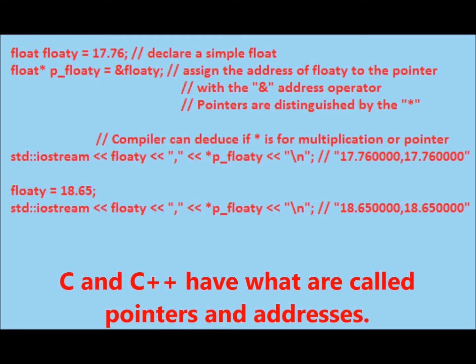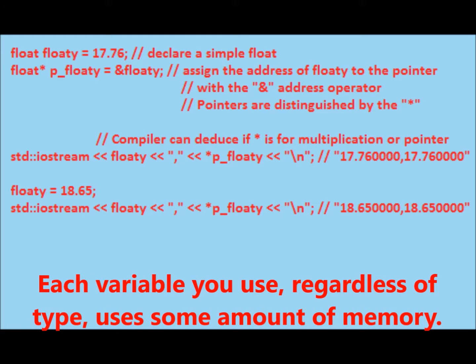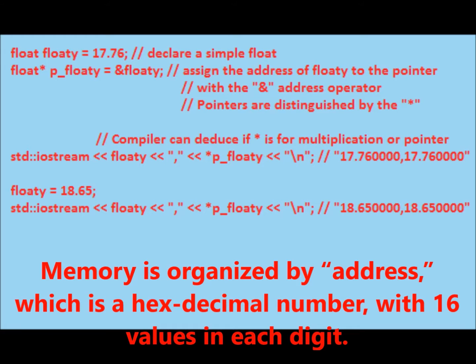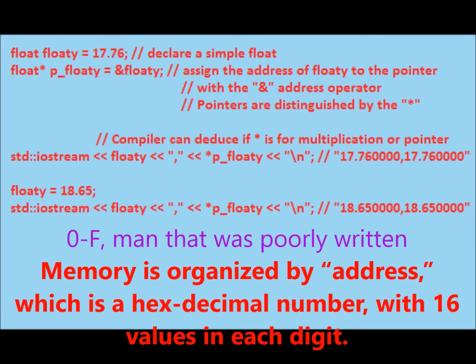C and C++ have what are called pointers and addresses. Each variable you use, regardless of type, uses some amount of memory. Memory is organized by addresses, which are hexadecimal numbers with 16 values in each digit.